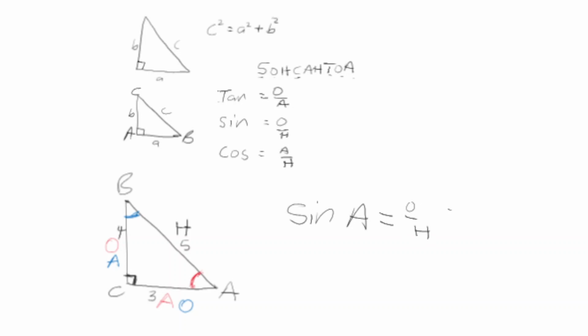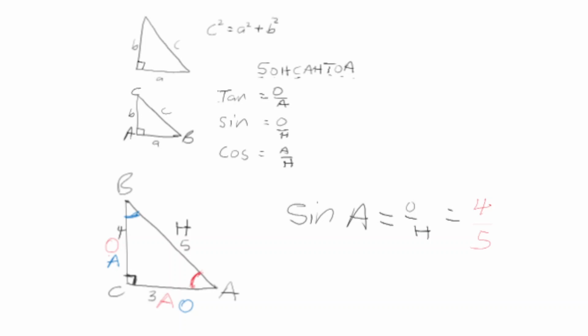So if we come to our triangle, this is angle A, and our opposite is 4. So we're going to get 4 over the hypotenuse, which is 5.